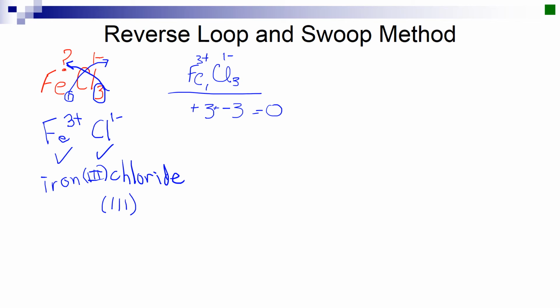So to compare and contrast, we're going to try doing Fe2O3. You want to do the loop and swoop? Yeah. So similar, we can take our 3 here and loop that back up. We can take our 2 here and swoop that back up, so reverse loop and swoop.